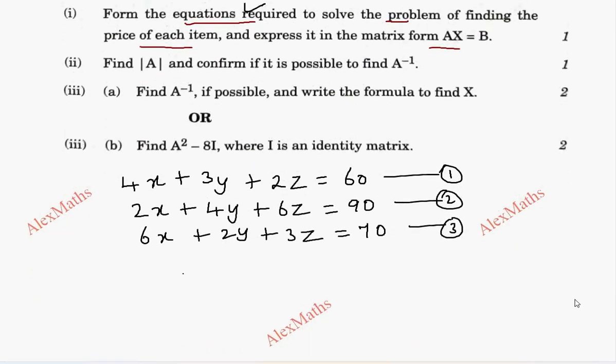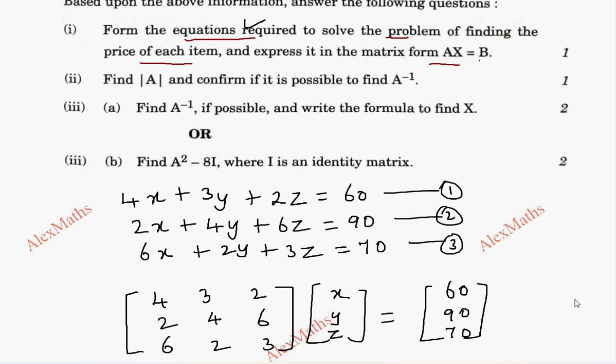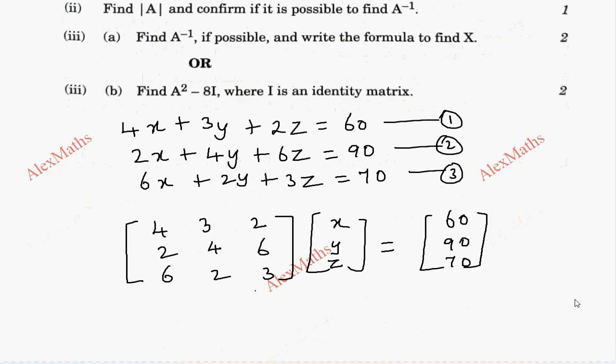So AX equal to B. So matrix A is 4, 3, 2, 2, 4, 6, 6, 2, 3. Then x, y, z equal to 60, 90, 70. So first part completed. Express it in the matrix form AX equal to B, because this is our A, this is our X and this is our B.